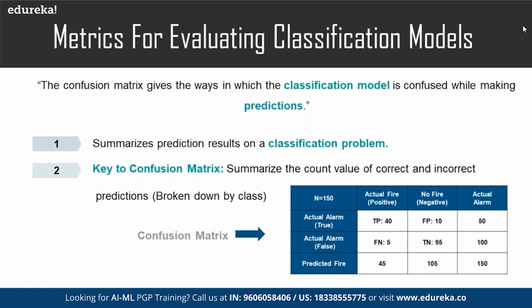When there is no fire, there should be no alarm, right? But what happens if we see there is an alarm but there is no fire? That means we trained the system wrongly and evaluated the system wrongly, which is why we have got such wrong results.